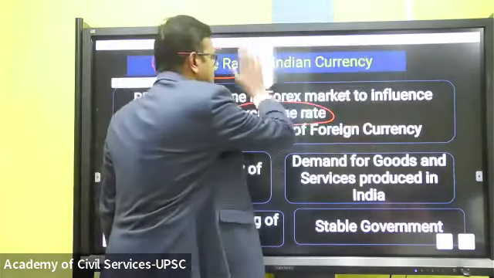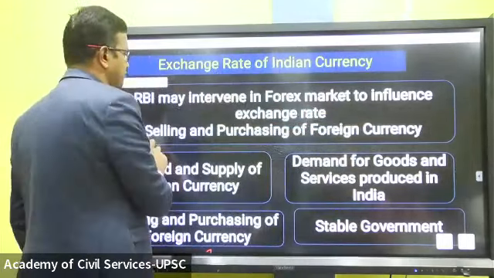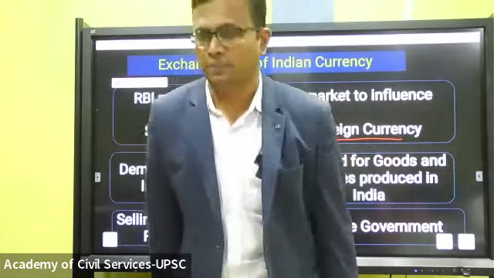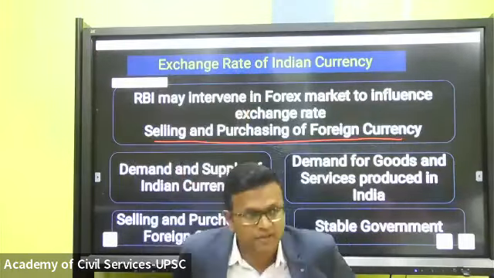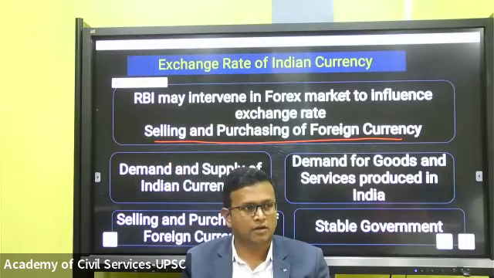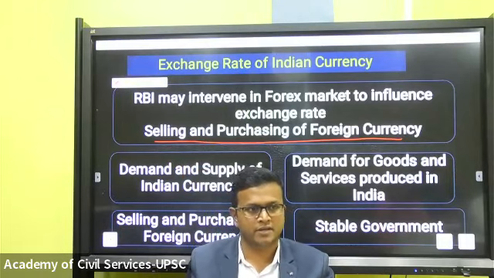Another example is that RBI sells and purchases foreign currency. Why does RBI sell? Why does RBI purchase? That is also important. Imagine in the market, there will be a lot of people who are in need of foreign currency.